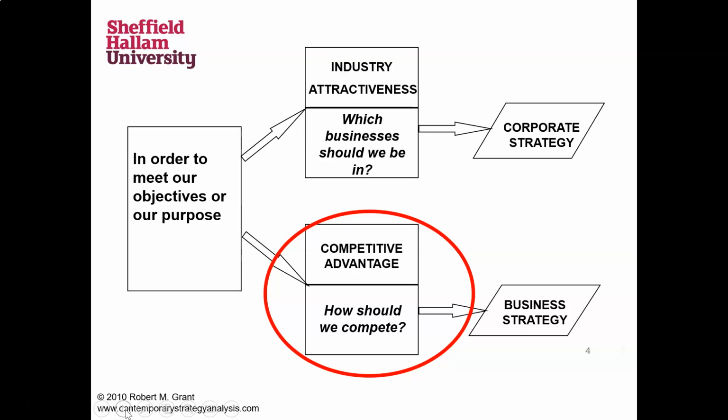So, for an organisation thinking about strategy, it begins with asking itself, and this is an adaptation of Robert Grant's diagram from his Contemporary Strategy Analysis textbook. So he talks about superior profitability and return on capital employed, which is a kind of measure in the commercial sector. So in order to gain competitive advantage, which leads to superior profits, we've got to answer these 2 questions.